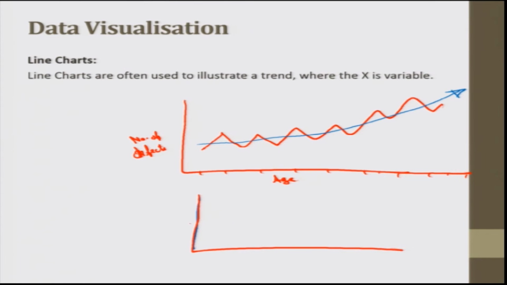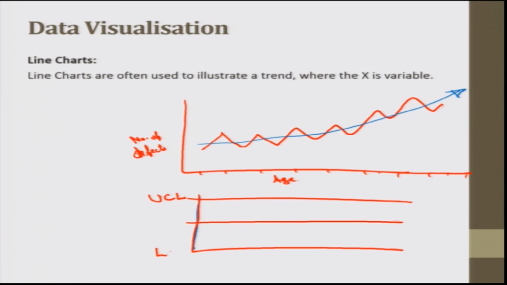So, we will see that in a control chart we have this center line here, we have this upper control limit here, we have the lower control limit here. Then for each observation that we have in a day, we will just put the value here. We put values of 1, 2, 3, 4, 5, 6, 7, 8, 9 and so on.